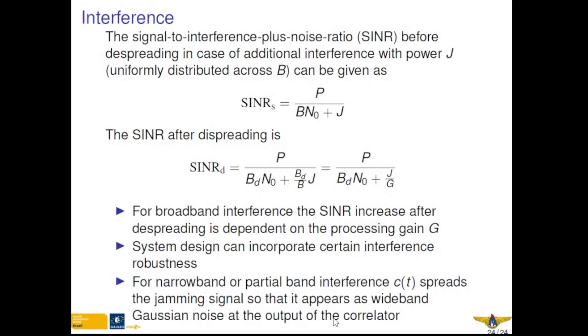In some bands, GNSS services are shared with radar systems and other systems, so you sometimes have to live with some interference. On the other hand, we also experience a lot of jamming, and especially for safety critical applications, jamming is an important issue. And so the signal design can provide already some robustness.